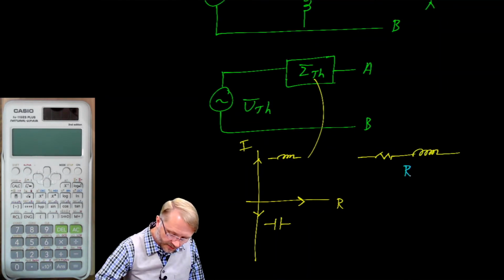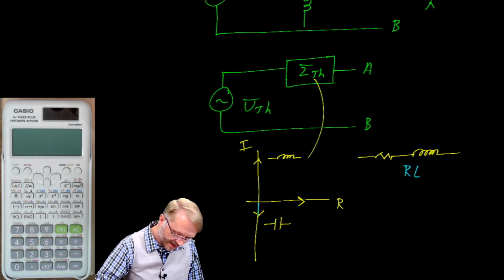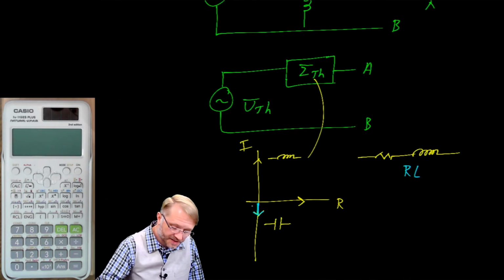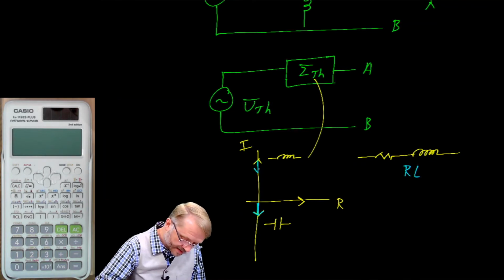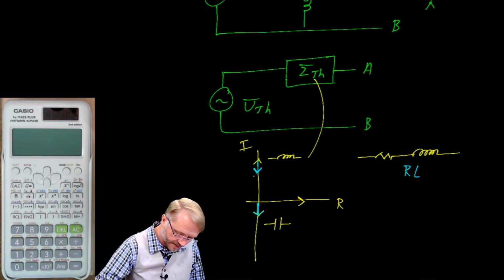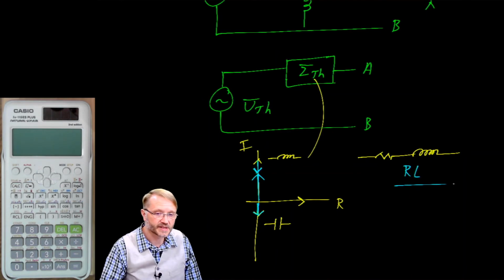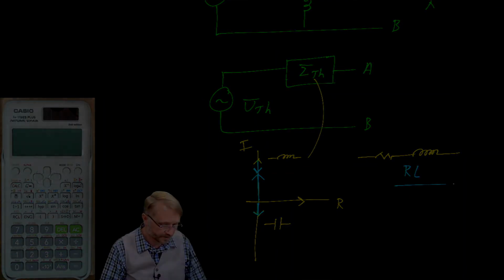The reason you're left with an RL is that the capacitor and inductor are opposites of each other. So the capacitor could be subtracted from the inductive vector, which leaves you with this piece right here. Again, it'll appear as if it's a resistive inductive circuit.